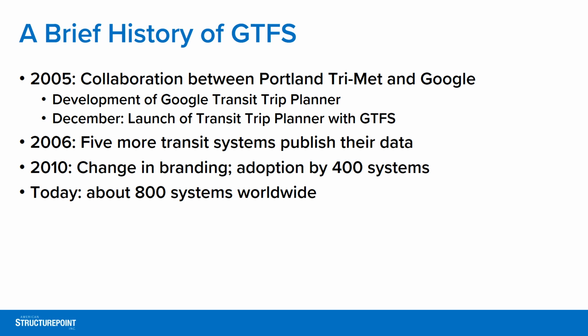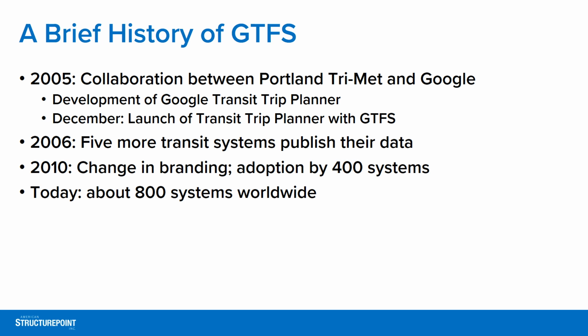Google had already been working on something, but was encountering difficulty in how to encode relevant parts of information. So the two agencies got together and collaborated on the development of the specification.